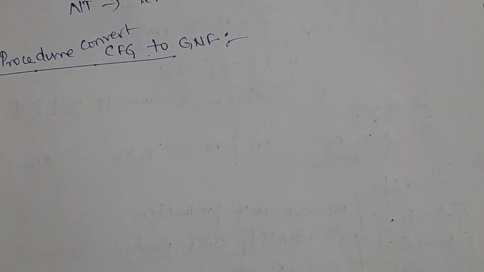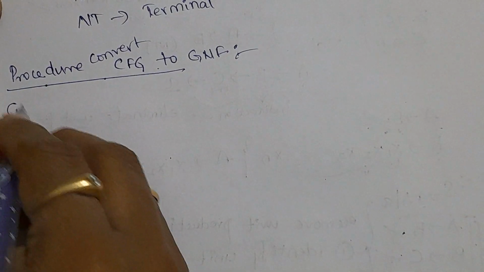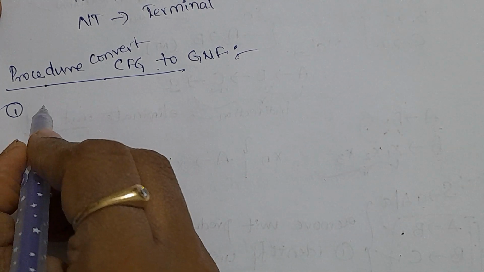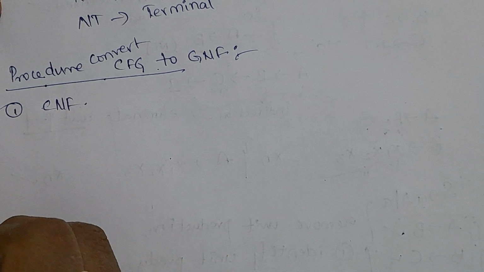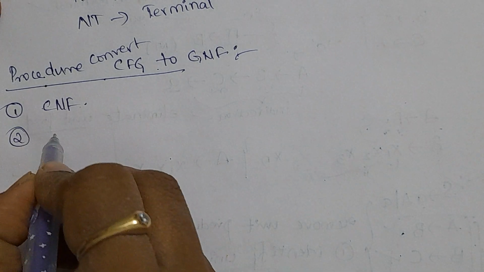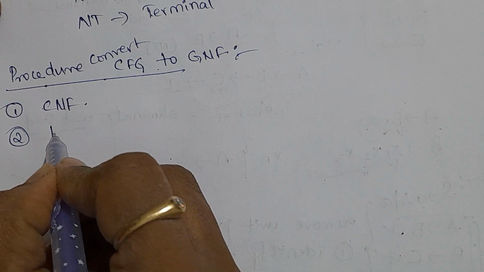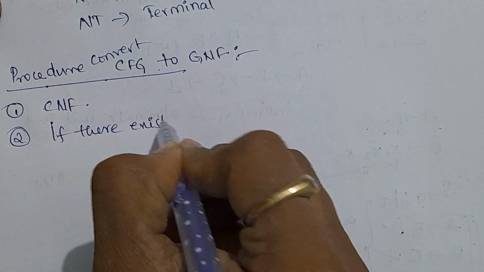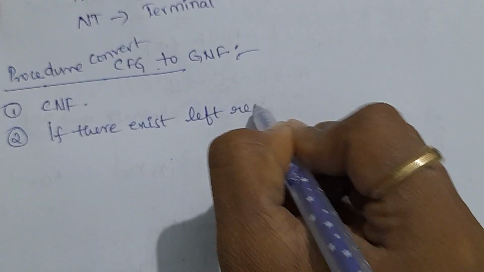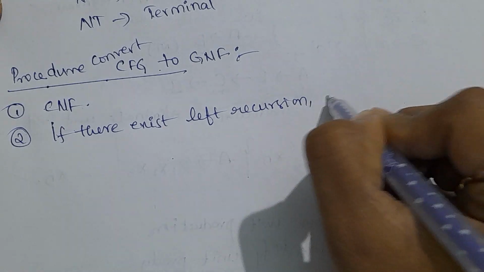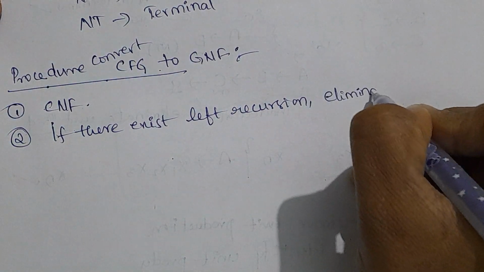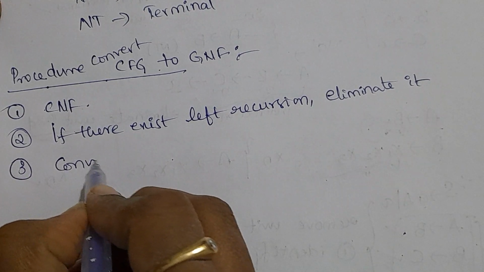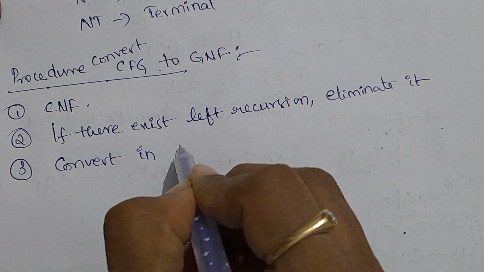First and foremost, you need to convert it into CNF, and later on, if there exists left recursion, eliminate it. And later on convert it into GNF form.